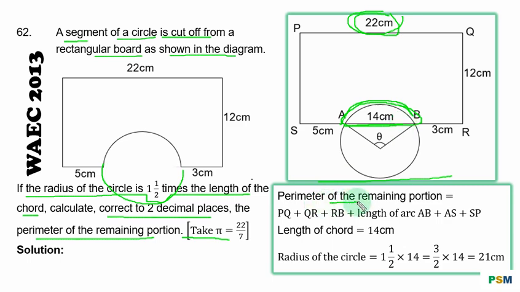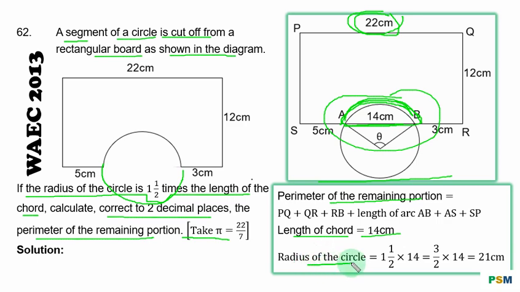Perimeter of the remaining portion is equal to PQ plus Q arrow plus arrow B plus length of arc AB plus AS plus SP. Length of chord is equal to 14 cm from this explanation.